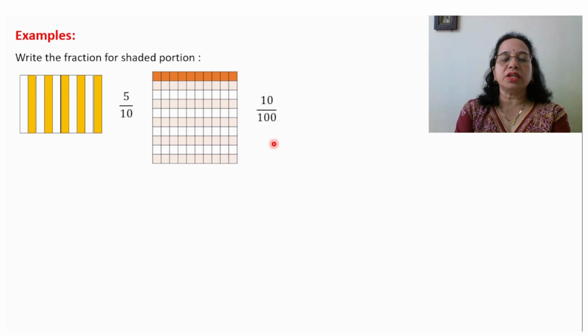So the fraction is 10 upon 100. 5 upon 10 is a fraction. 10 upon 100 is also a fraction, because the numerators and denominators are natural numbers and the denominator is not equal to 0. But when the denominator is 10, 100, 1000 and so on, this is known as a decimal fraction.